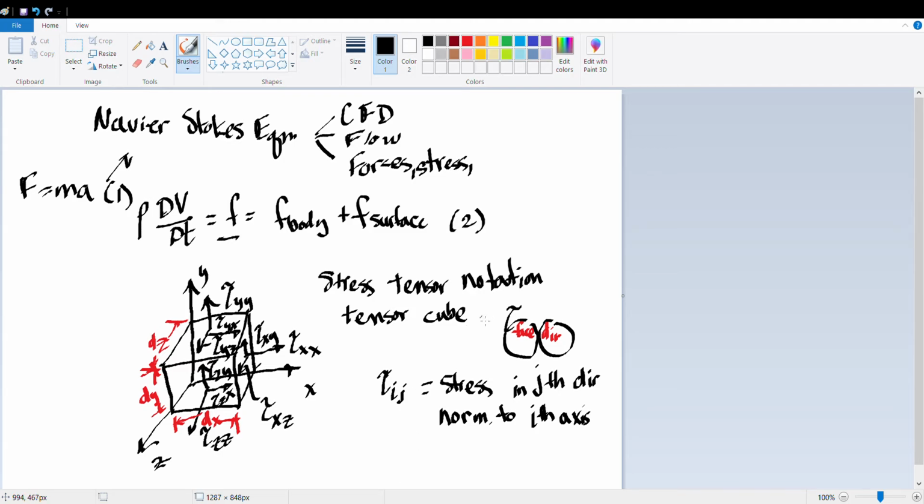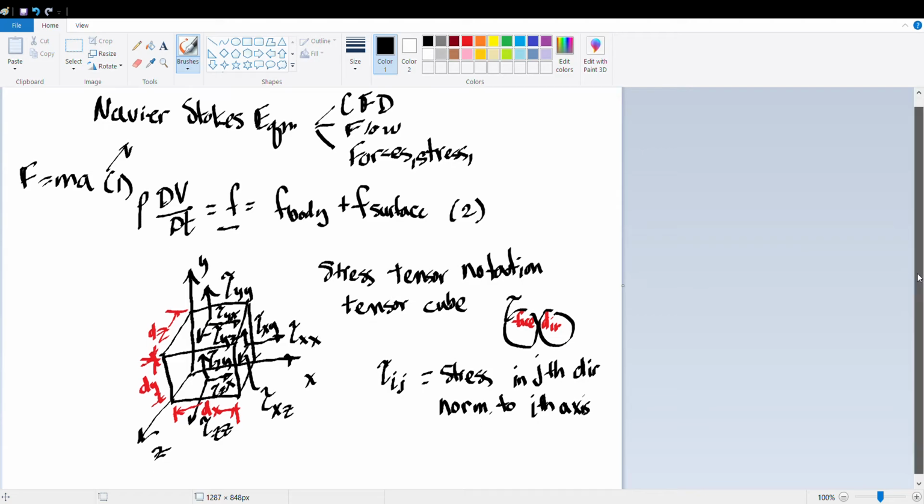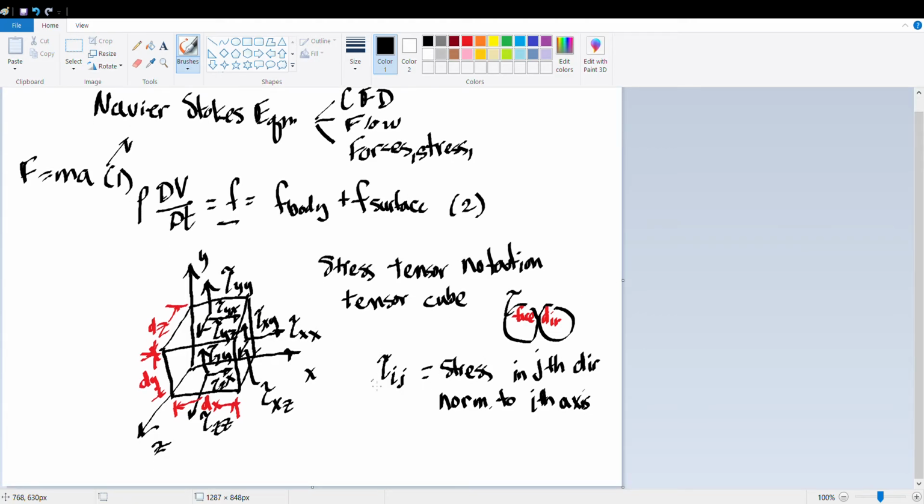Now, what does this mean? Let's see if I can scroll this down a little bit. This is going to be given to us as a 3x3 matrix: tau xx, tau xy, tau xz; tau yx, tau yy, tau yz; and finally tau zx, tau zy, and tau zz.